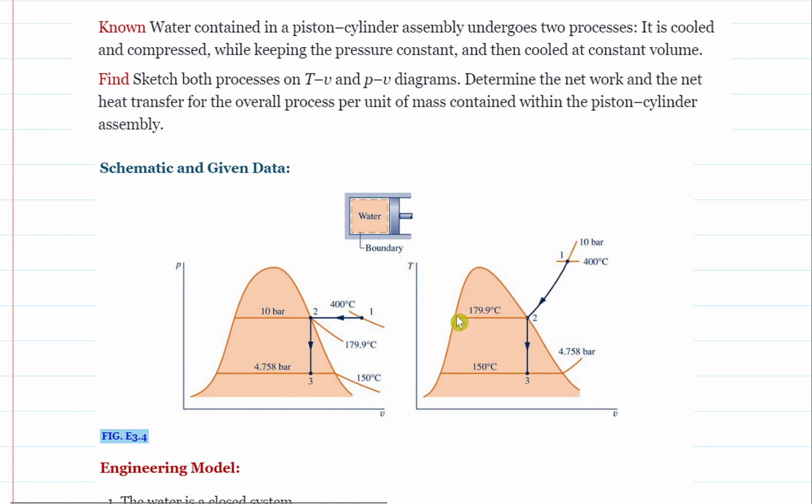So remember, this is the constant pressure line. So it moves along the line and stops at the saturated vapor line. From state 2 to state 3, it undergoes a constant volume process.